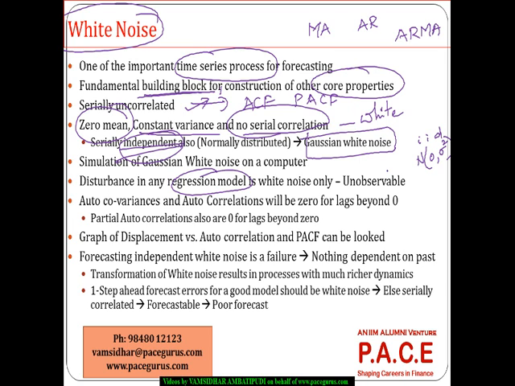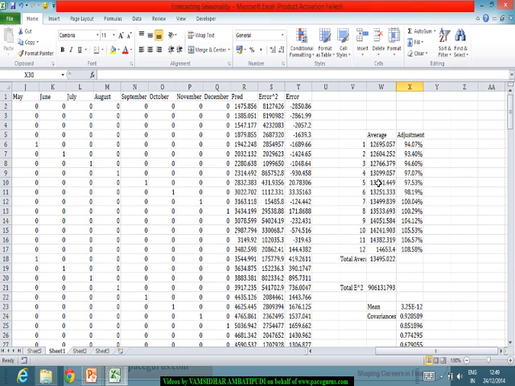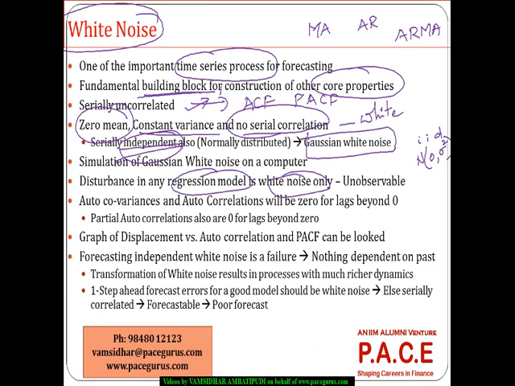So anything that is covariance stationary with zero mean and no serial correlation is what we call white noise. But this may or may not be white noise in this case, because there is some amount of serial correlation that is significantly observed.